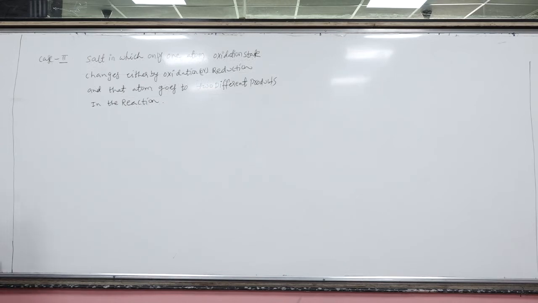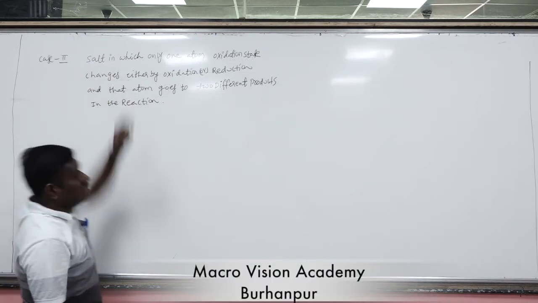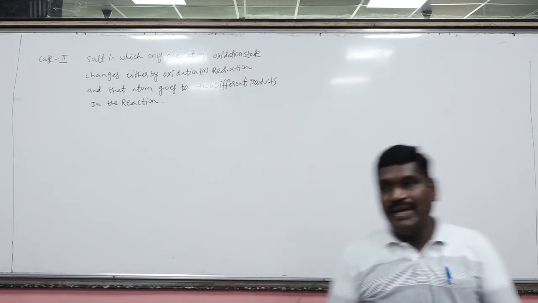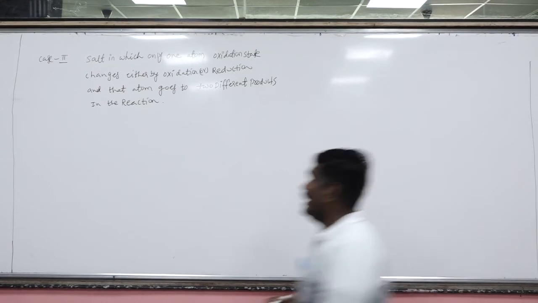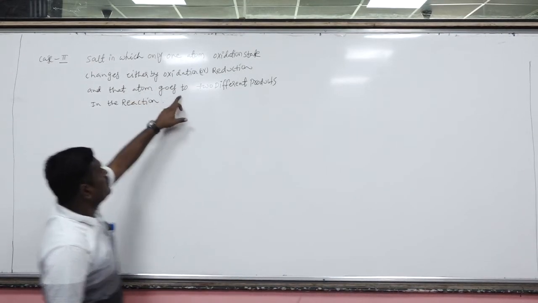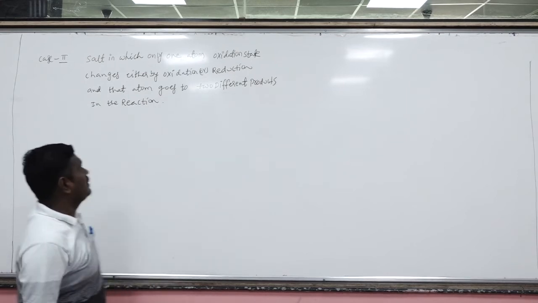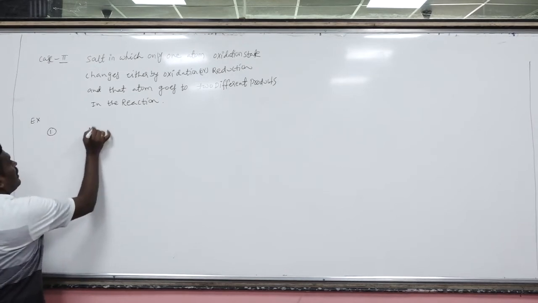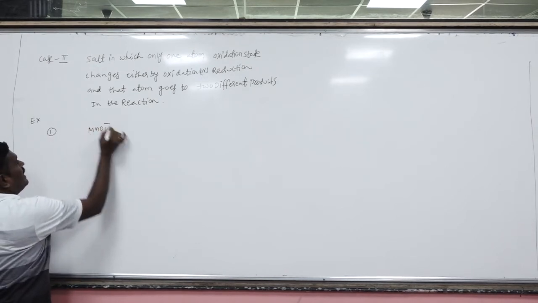Now, second case. A salt in which only one atom undergoes oxidation or reduction. Only one atom's oxidation number changes, either by oxidation or reduction, but that atom goes to two different products in the reaction. Let's suppose MnO4- is there.